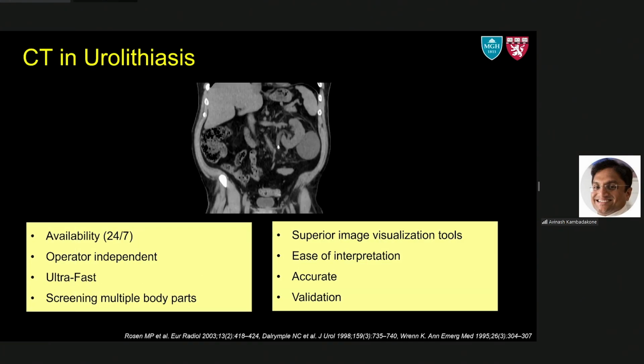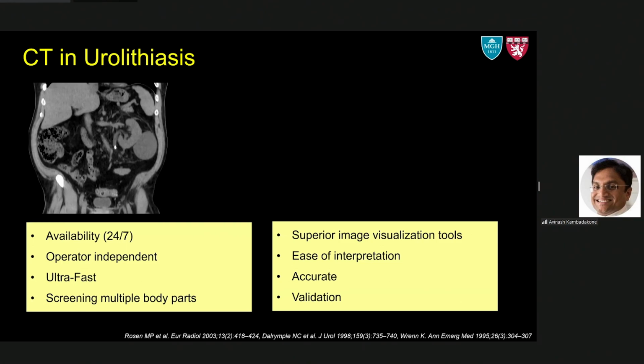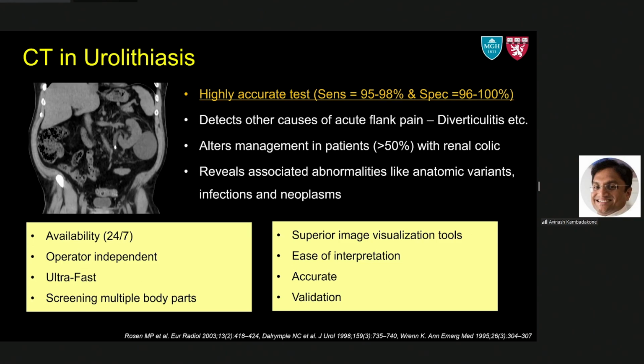Now, CT has several advantages over other imaging techniques, including wide availability, accessibility. It can be performed rapidly, does not require the administration of contrast material. In fact, non-contrast CT is the initial investigation of choice in patients with suspected urolithiasis and has a very high sensitivity and specificity.